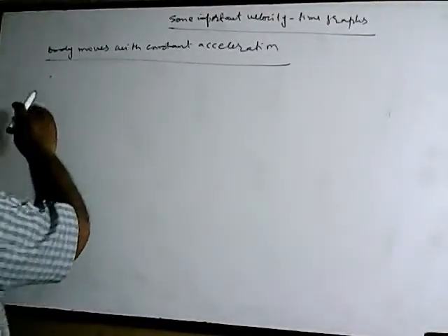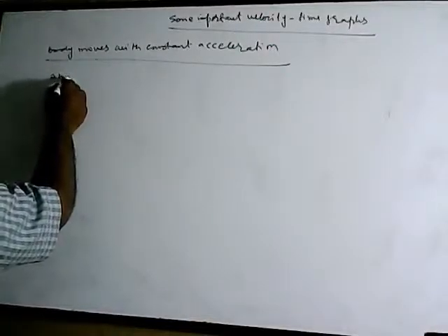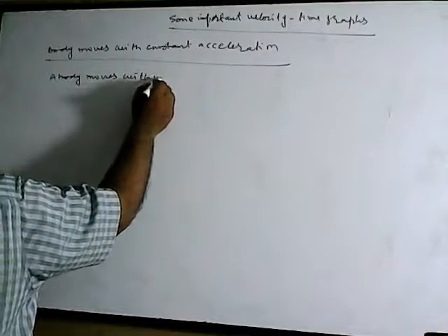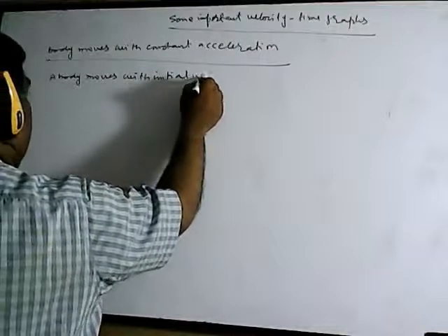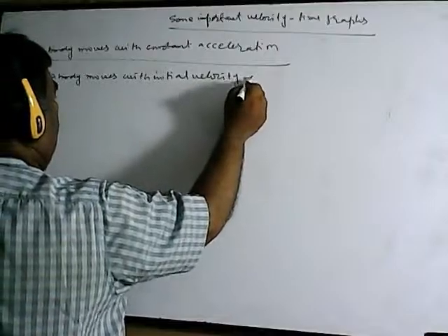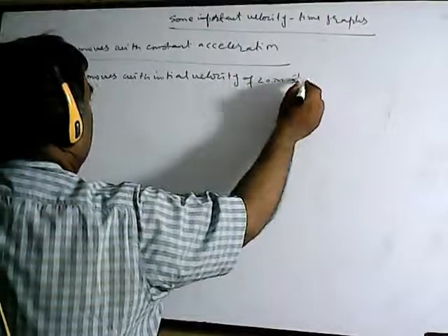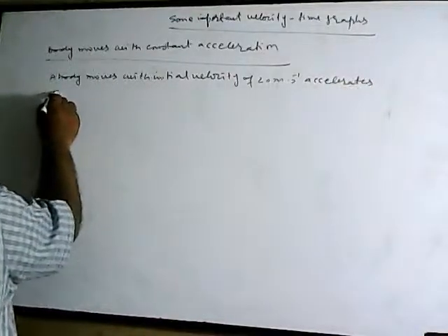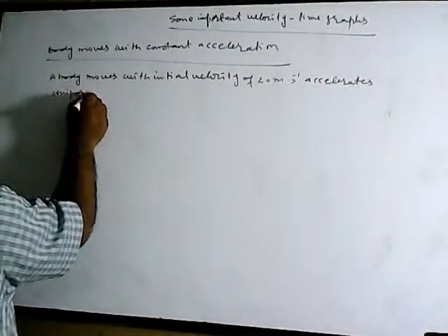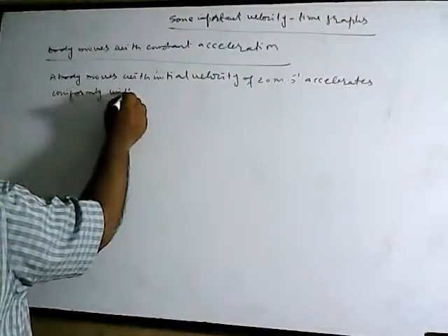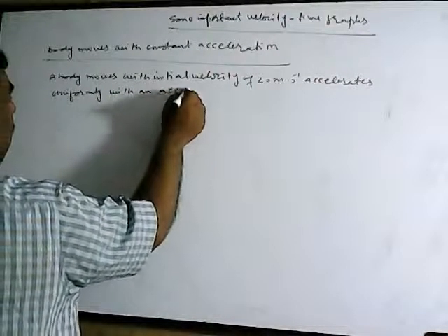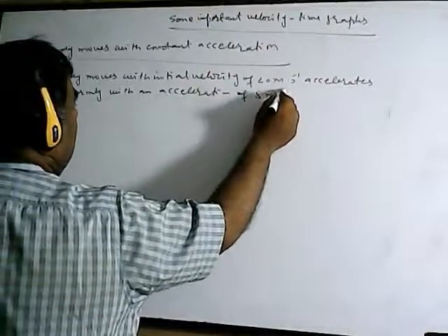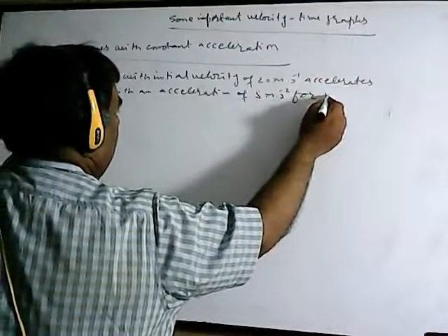For example, if I say a body moves with an initial velocity of 20 meters per second, accelerates uniformly with an acceleration of 5 meters per second square for 10 seconds.